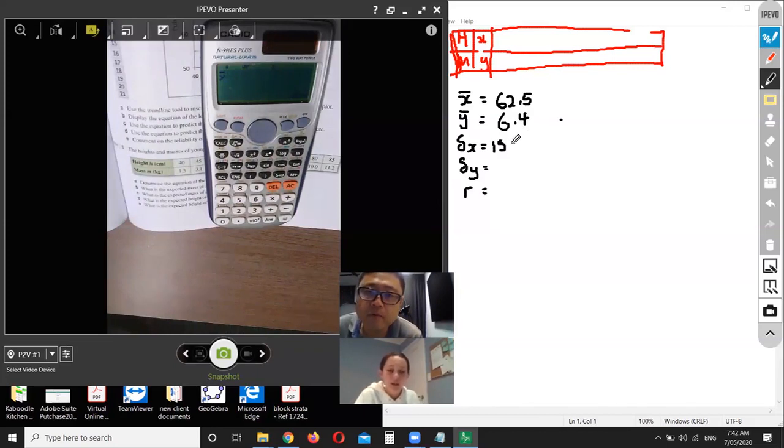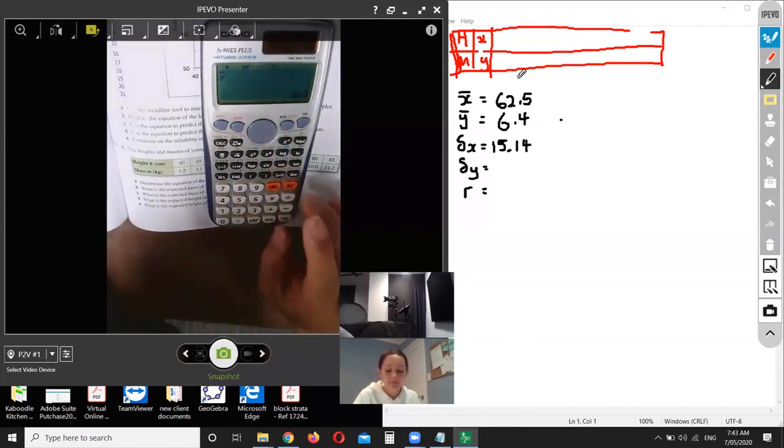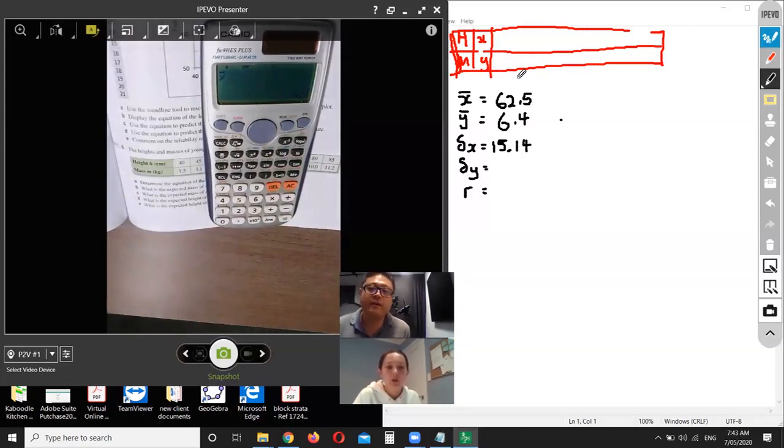How many decimal places? Maybe 2. 1.4, sorry. Is that rounded up or down? That's rounded up. And then the standard deviation for Y, what's that?